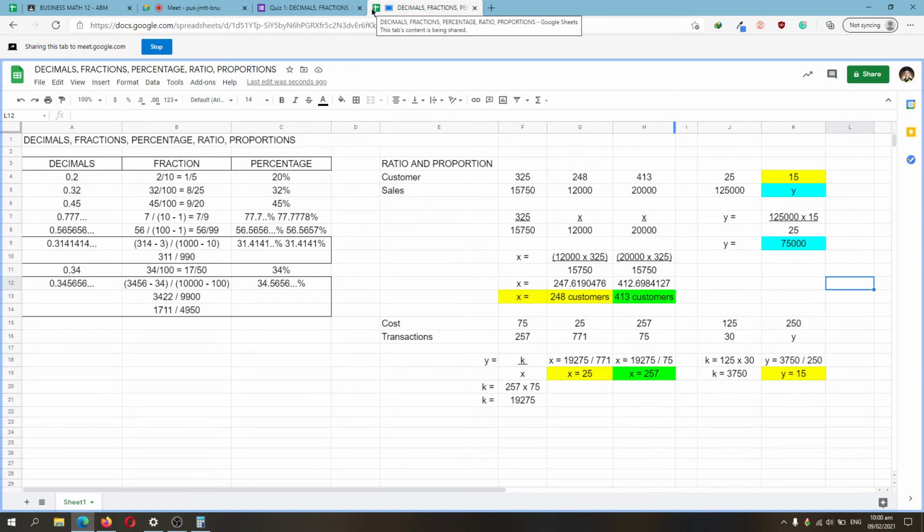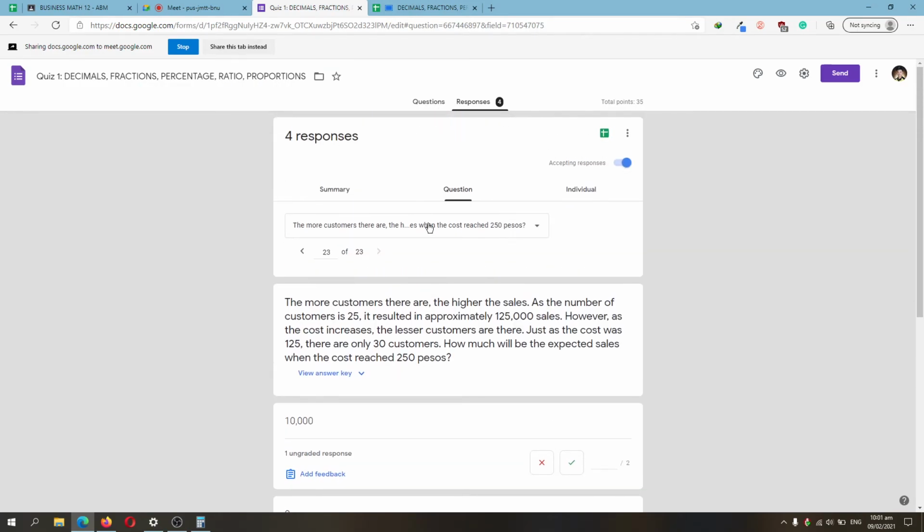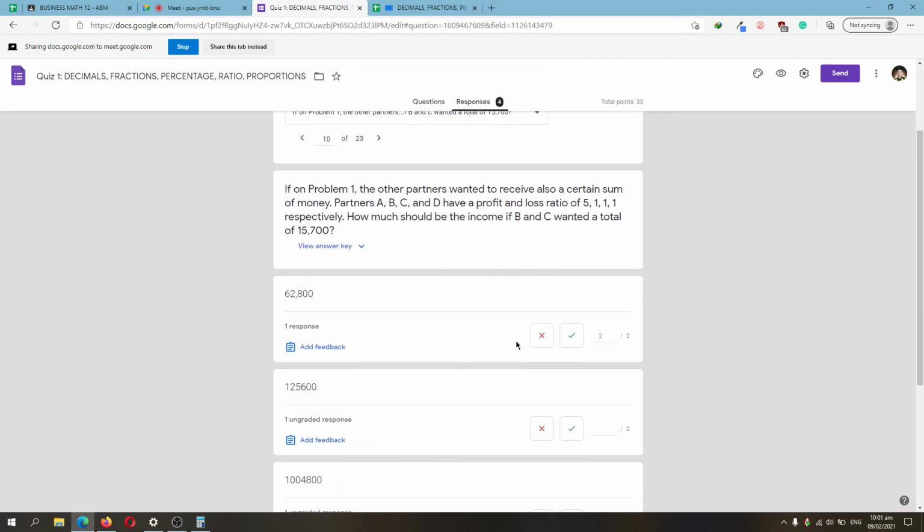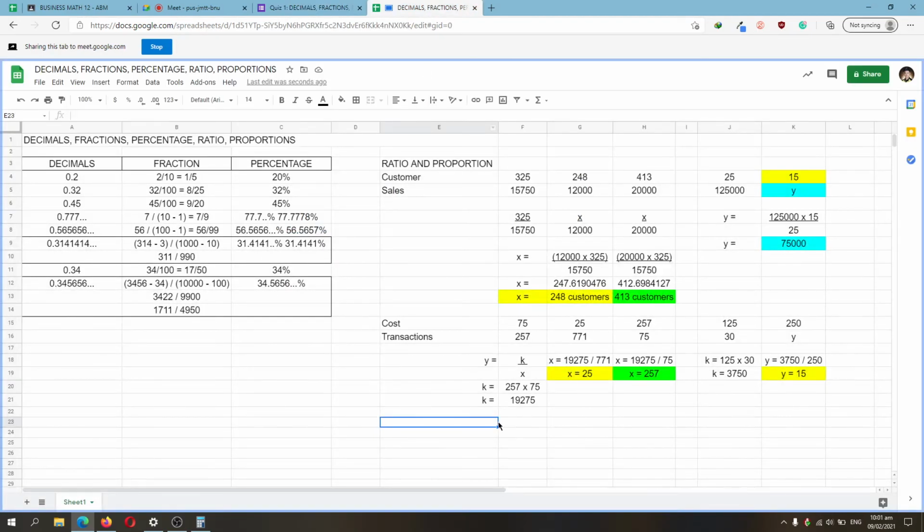So last, bago tayo mag-end, meron din tayong tinatawag na yung arbitrary. So paano gumagawa ng ganon? So meron tayo dito, if on problem 1, the other partner wanted to receive also a certain sum of money, partners A, B, C, D. Ayan. So si partner, ayan, ito yung last natin.